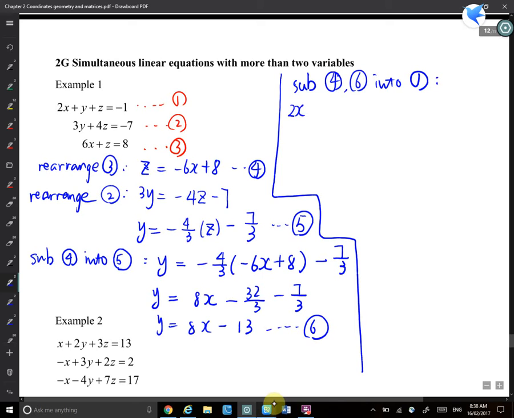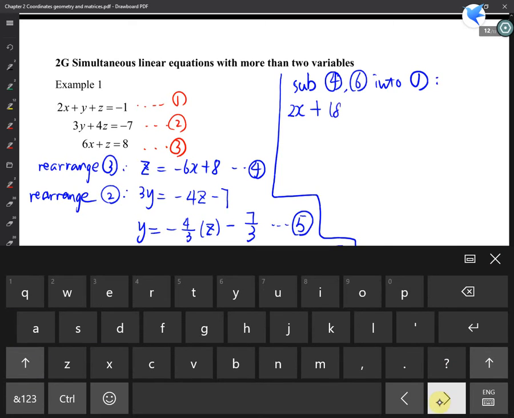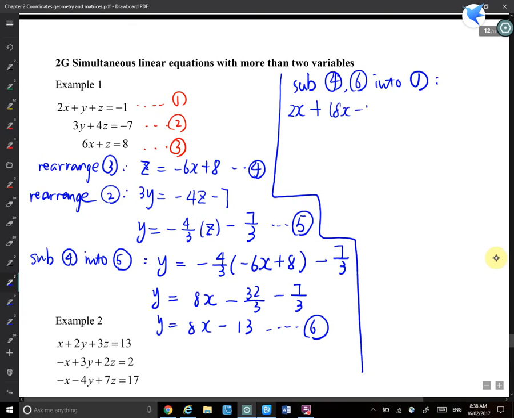So 2x plus y, what is y? y is 8x minus 13, plus z, what is z? z is minus 6x plus 8. That equals negative 1. So 2x plus 8x minus 6x minus 13 plus 8 plus 1 equals 0.